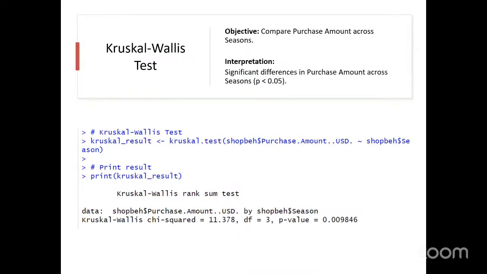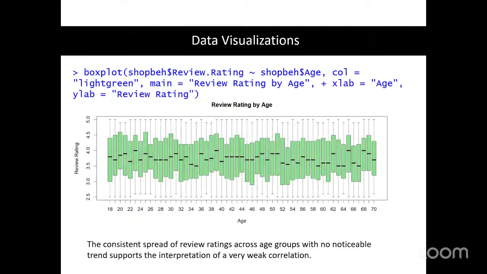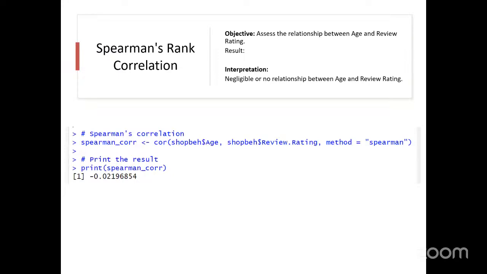Next, you can find out the Kruskal-Wallis test. But in case of the Spearman, you have to convert into the rank. It has not been converted into rank in Spearman rank order.